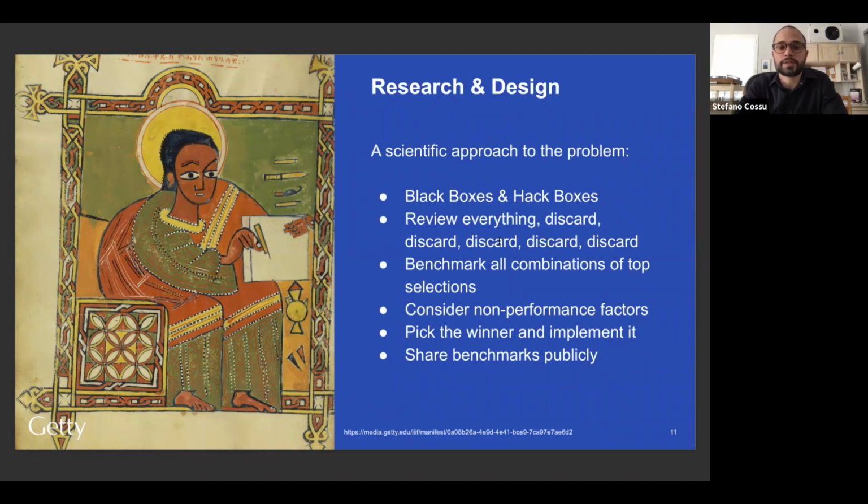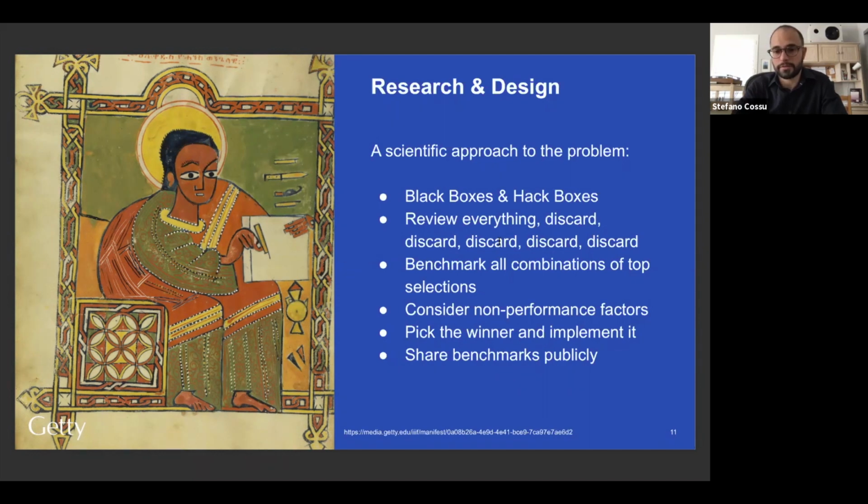So the first thing was sorting out hack boxes and black boxes. Black boxes being what I call systems that you just rely on. They just have to work. You don't have to worry about them. Hack boxes being systems that you, on the contrary, want full control over, such as our ETL systems, which are very ingrained in the Getty data model and IT architecture.